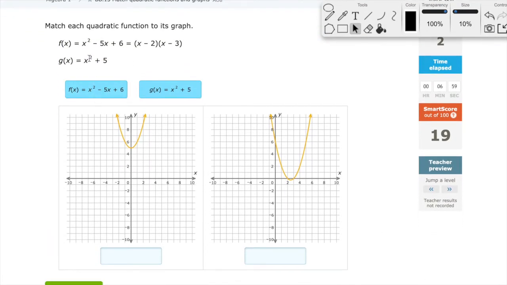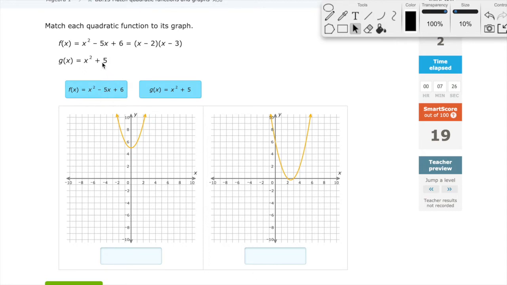Okay, so they change up kind of how they give us these functions right now. That's not going to throw us too much right now. I'll explain those more when we need them. If you notice, both of these leading coefficients are +1s, and they both open up, so that's not really something that we can use here if they're exactly the same.